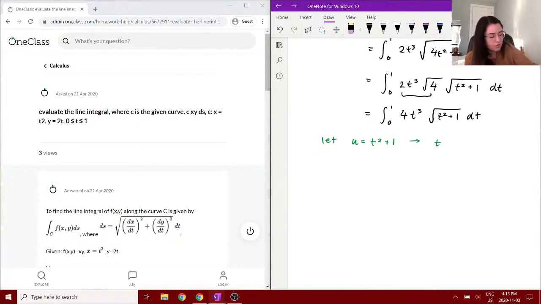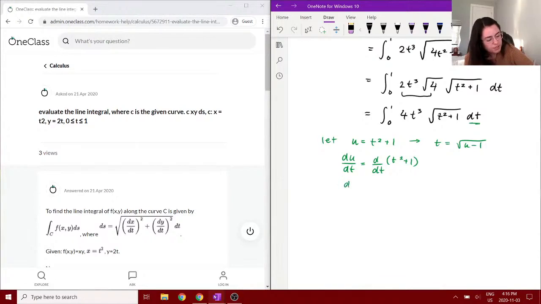You can also rearrange that and say that t is equal to the square root of u minus 1. You have to take the derivative of this, which you'll see why later, just so it can be subbed in for dt. So take the derivative of both sides.